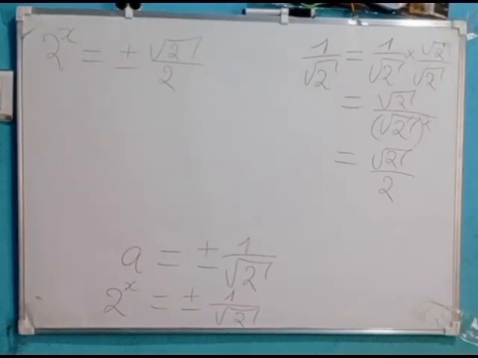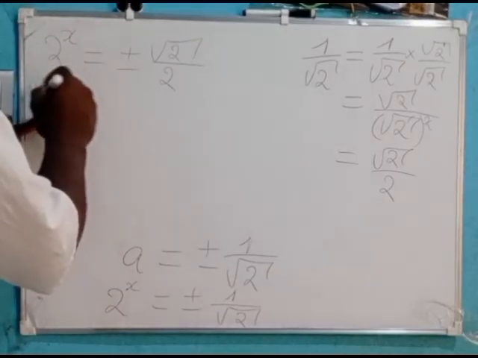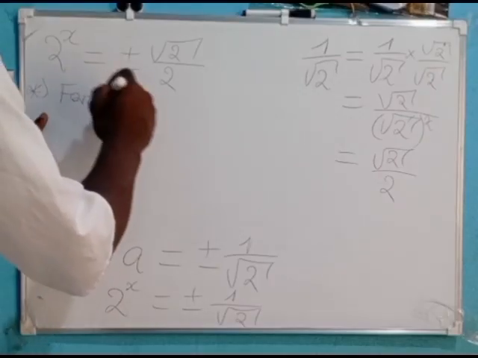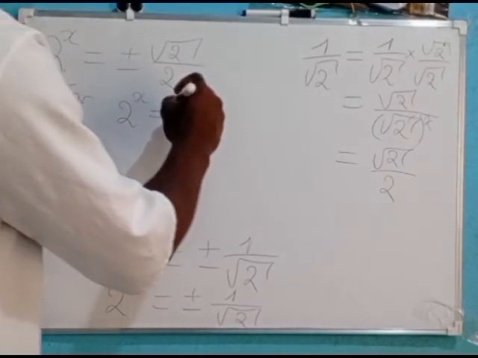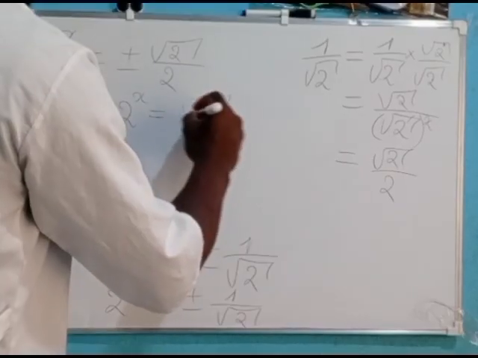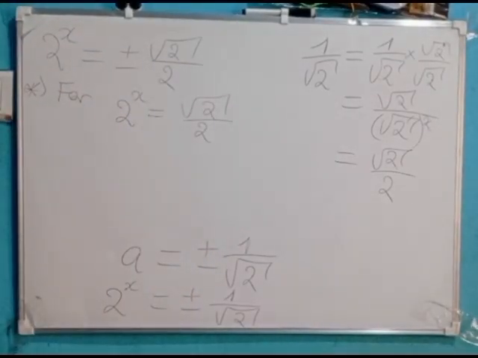We have two solutions. We are going to take the first case. For 2 raised to the power x equal to, we take the positive result, root 2 over 2. We are to find the value of x.